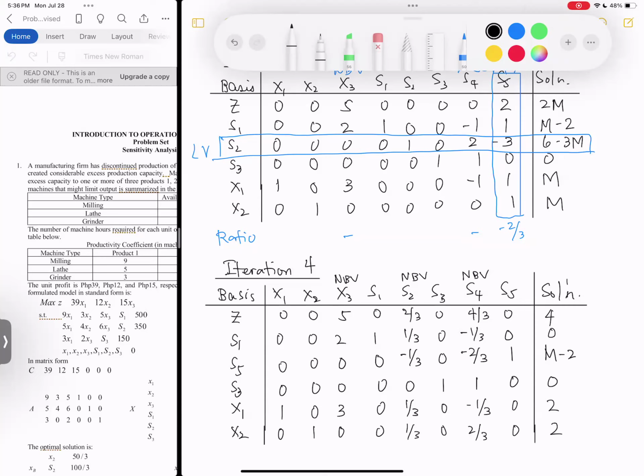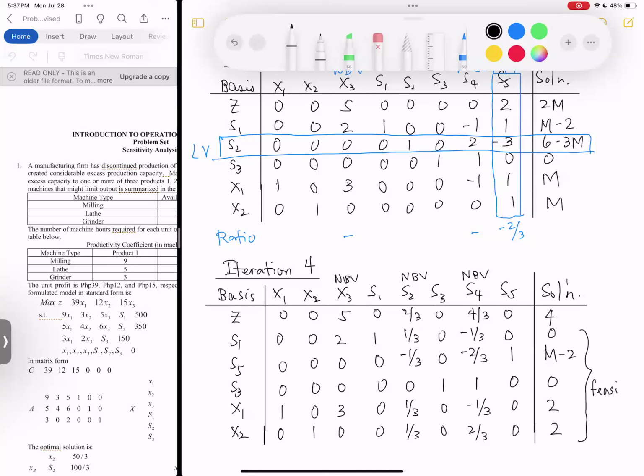Okay. So, after doing the iterations, if this is flawless, correct, perfect, then you will see that this side is already, still infeasible or no more? It's feasible now.